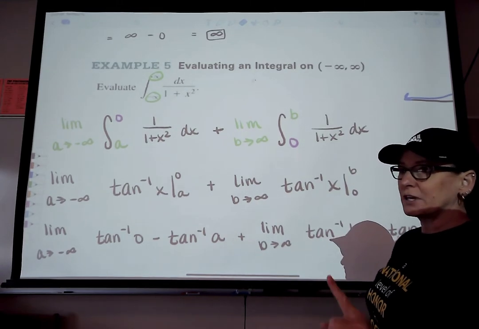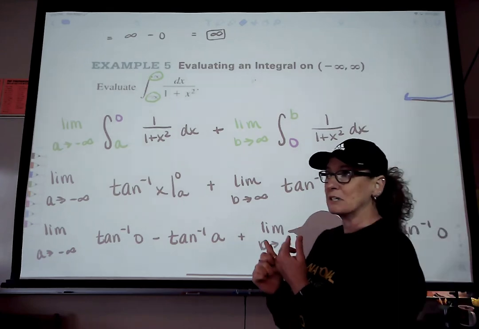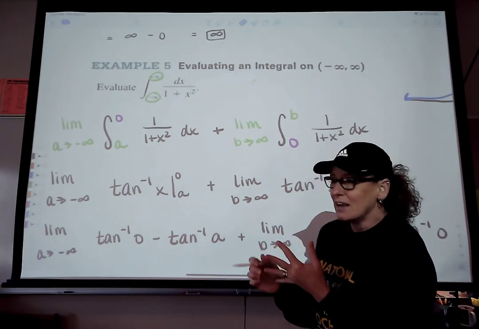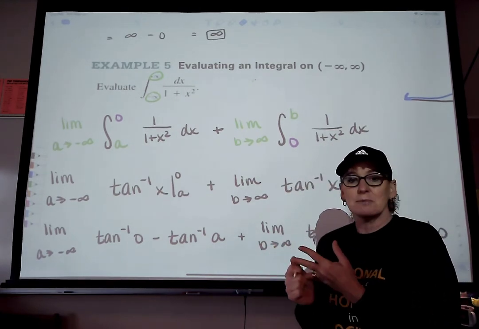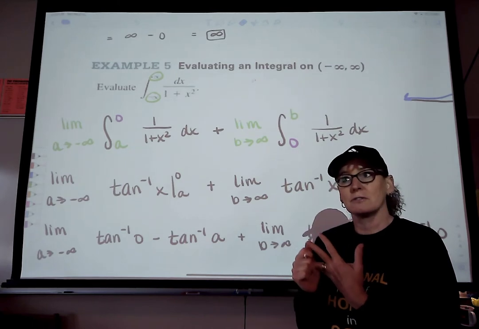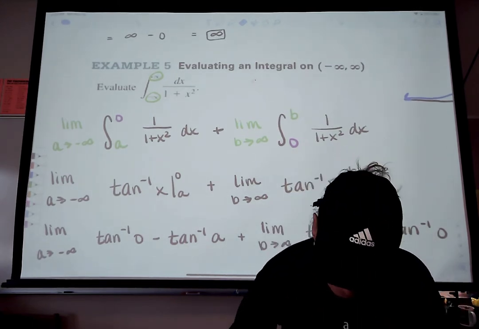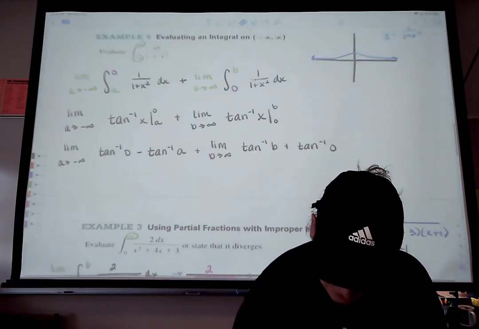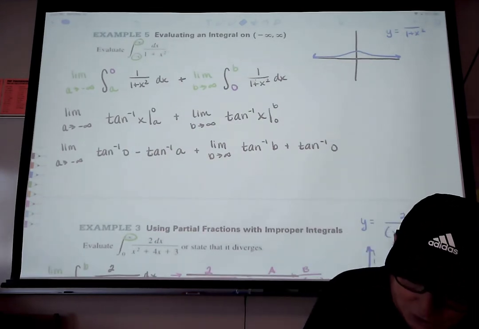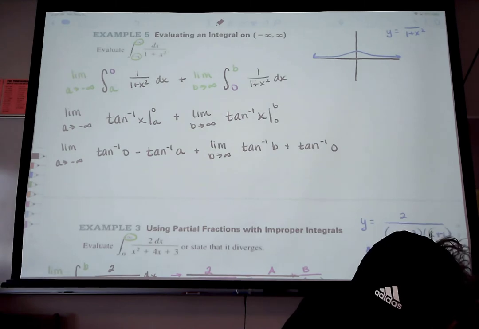Now, this gets tricky. You have to, first of all, remember what tangent inverse means, and it really helps if you know what the graph of your tangent function looks like. So, let's see, okay. The graph of tangent looks like this.